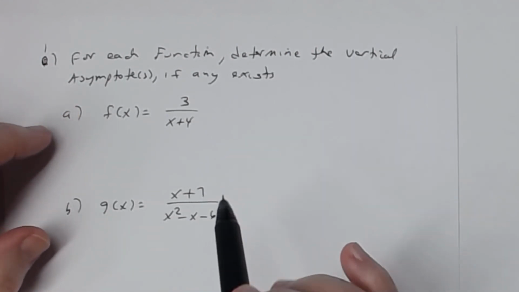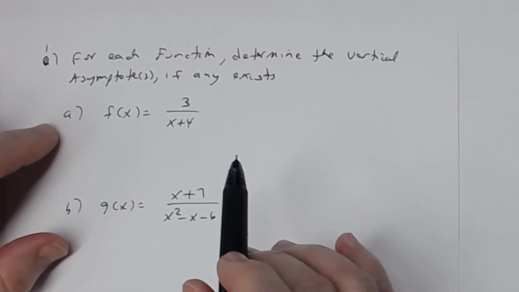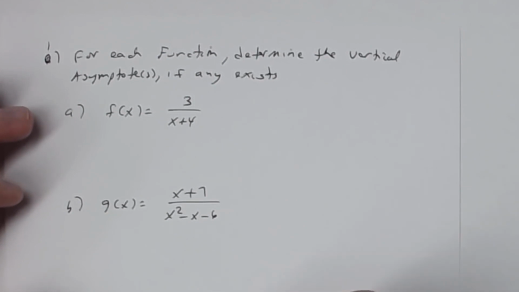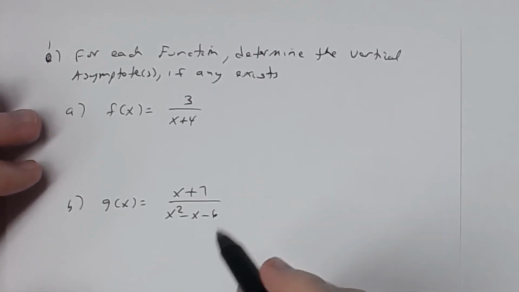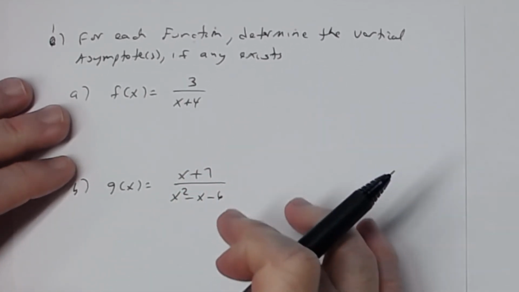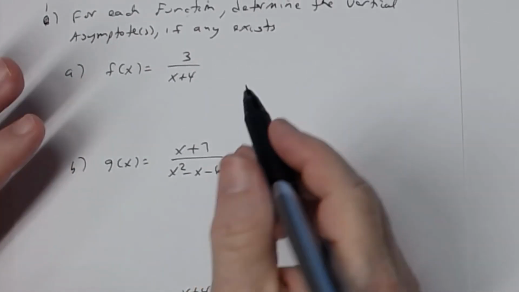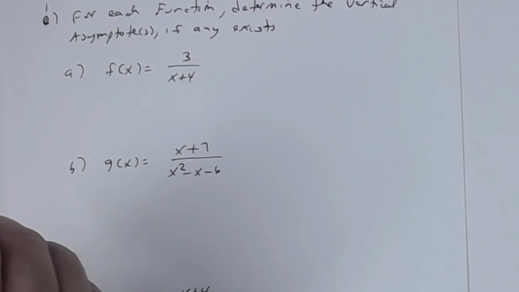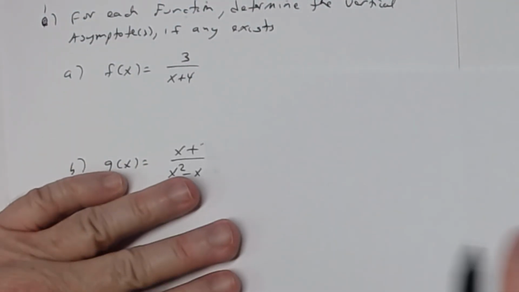for each of these. Now, one of the things that you've learned in a previous lesson was how to find the domain of a rational function. So in each of these cases, you could easily find the domain. So let's talk about that for a moment. And I'm going to use a separate sheet of paper to talk about finding the domain.